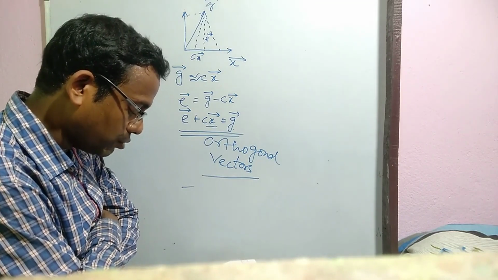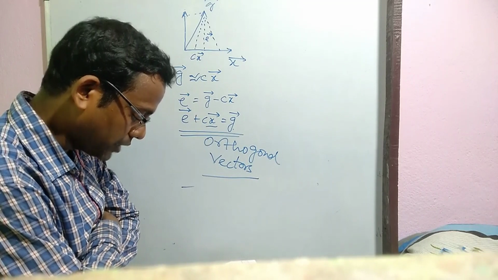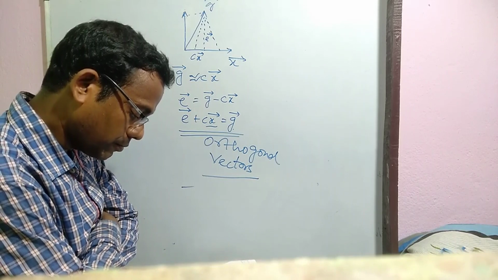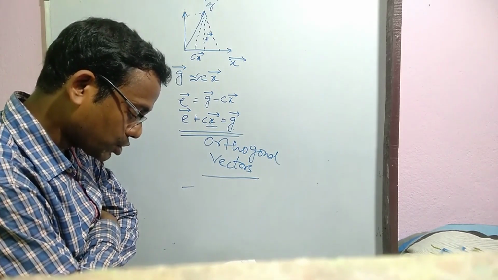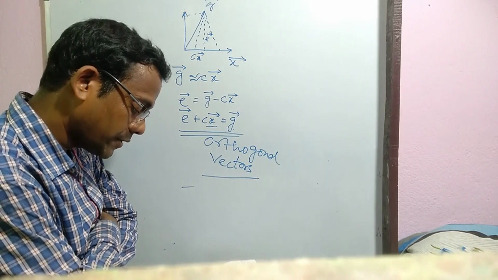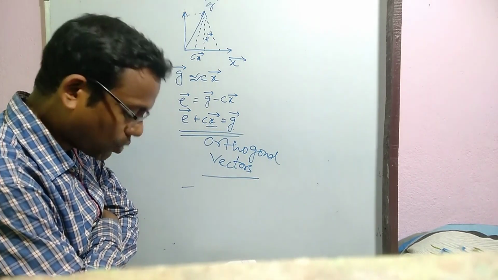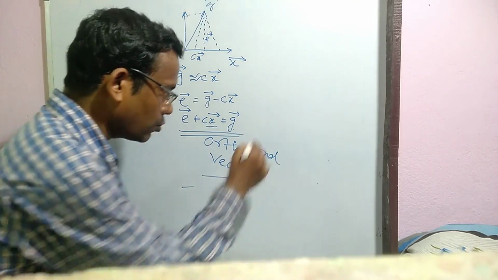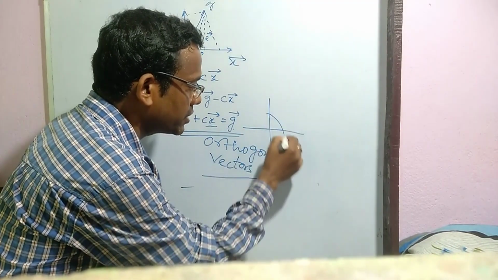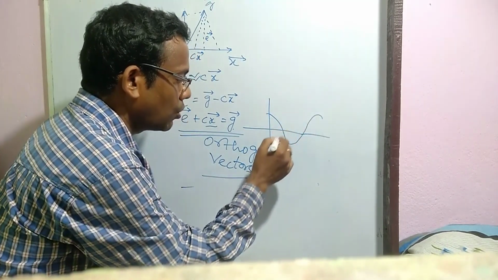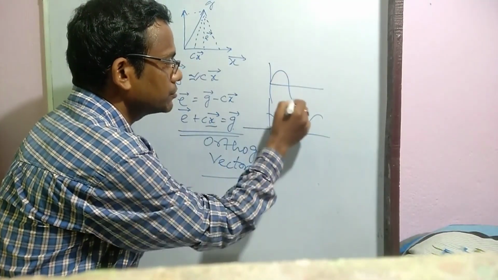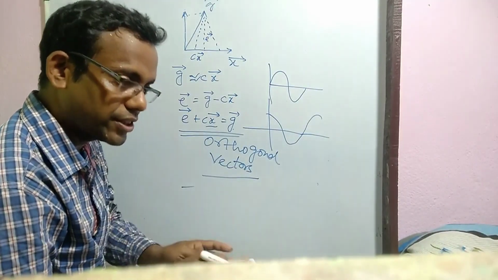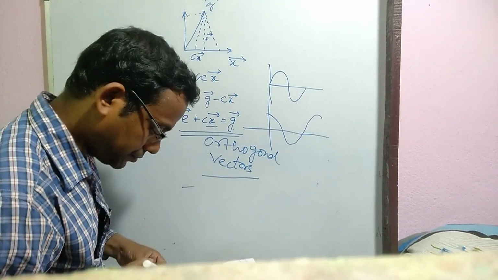Here, try to keep in mind that over a time period, either a cos or sine signal, cos(omega 1 t plus theta 1) or cos(omega 2 t plus theta 2), if we integrate over a time period, you can easily find that it always gives 0, since the positive side area and the negative side area are the same.